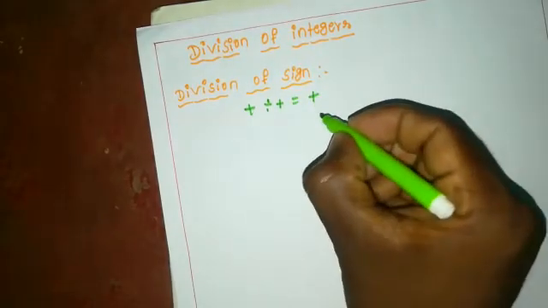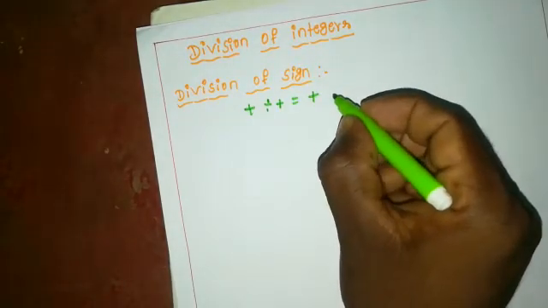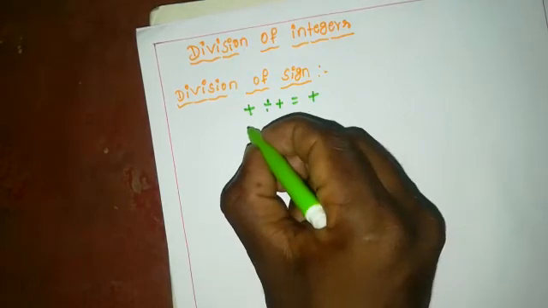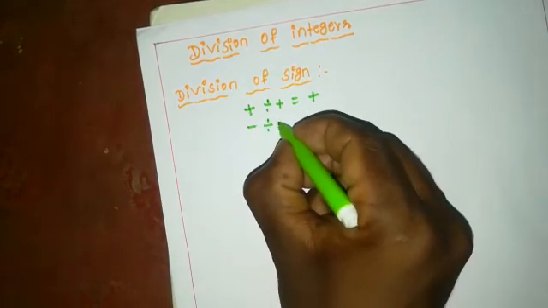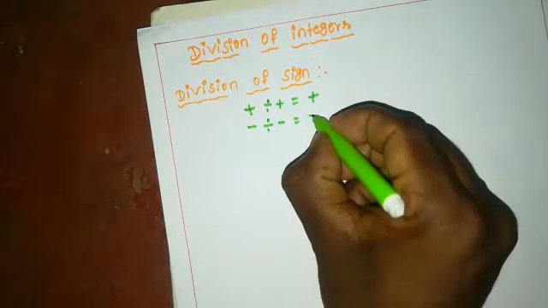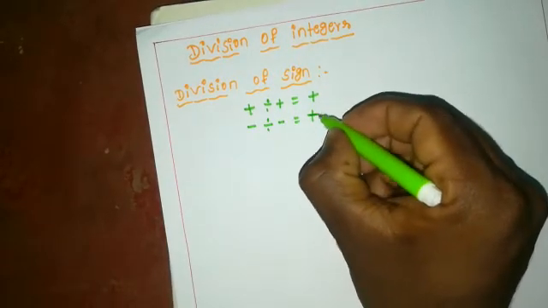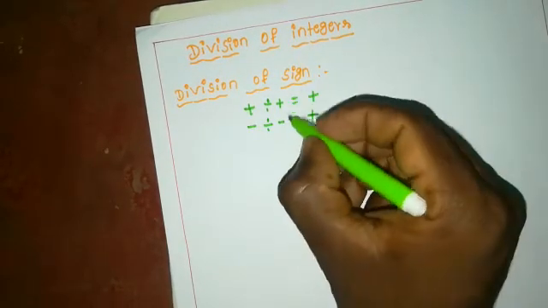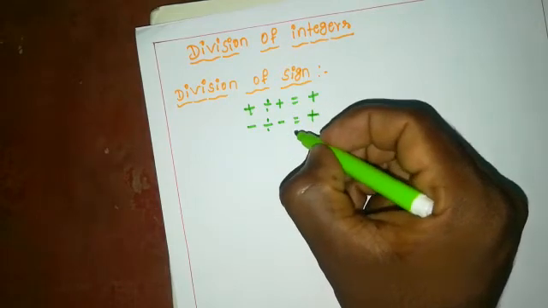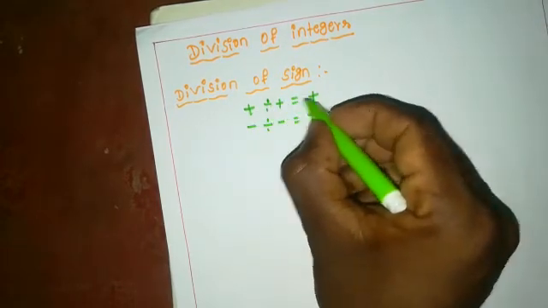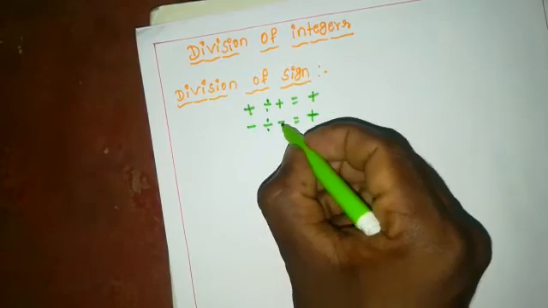When we are dividing the same sign, we always get positive. Minus divided by minus, here also we always get a plus. In both cases we get positive.